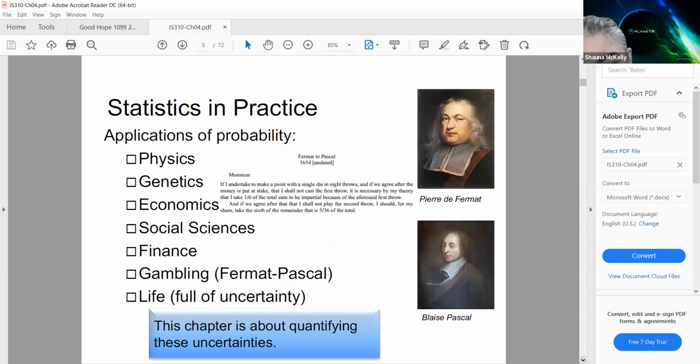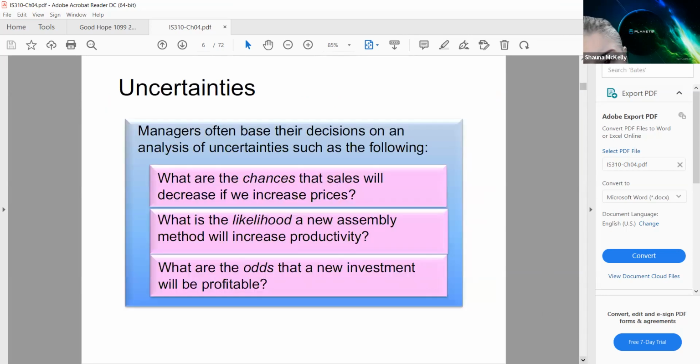And then here, this is talking about some people that we've seen. This is a couple of mathematicians, Fermat on top and Blaise Pascal below, and different ways that probability is employed in different sciences. And in your case, we're talking about things like uncertainty.